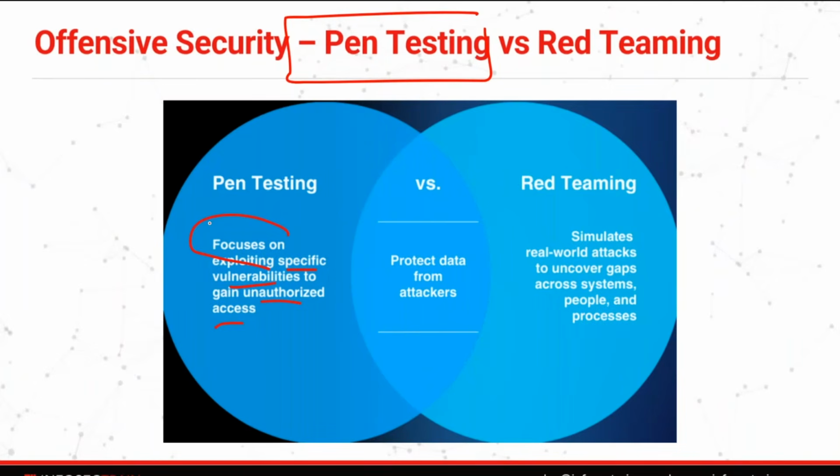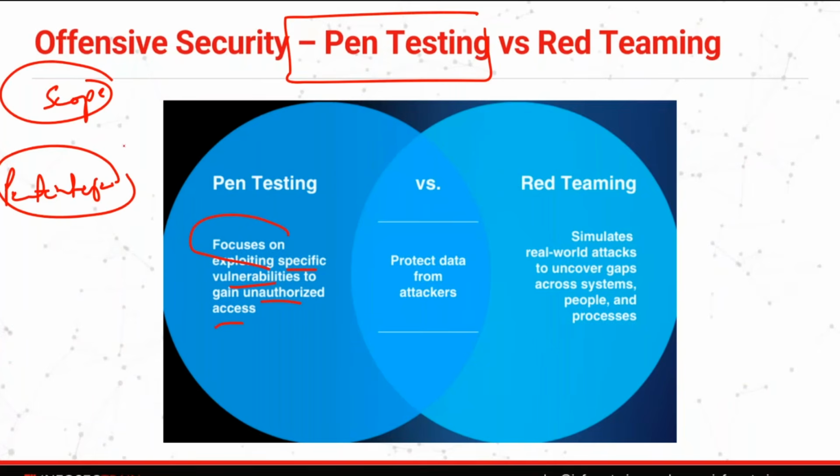Like what is happening is you will be given a scope. You are hired as a pen tester. This is the entry level job, or a junior pen tester. So you will be given a scope. What is a scope? Let us say in the organization there are 100 systems.